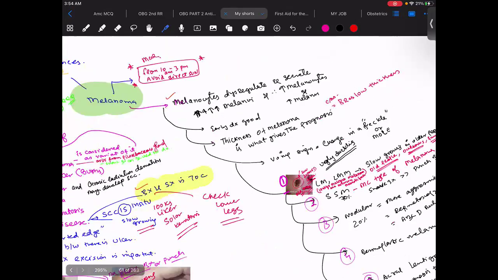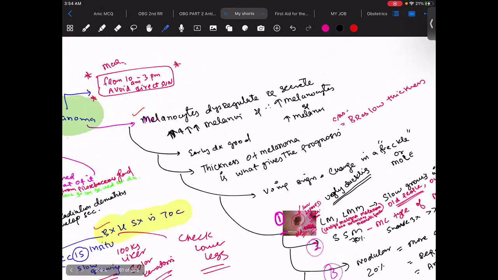And what is the pathophysiology? It's very simple. There is a fast, unregulated division of the melanocytes, which are responsible for the formation of melanin, which gives us the brownish texture of the skin, and that prevents our skin from skin cancers.